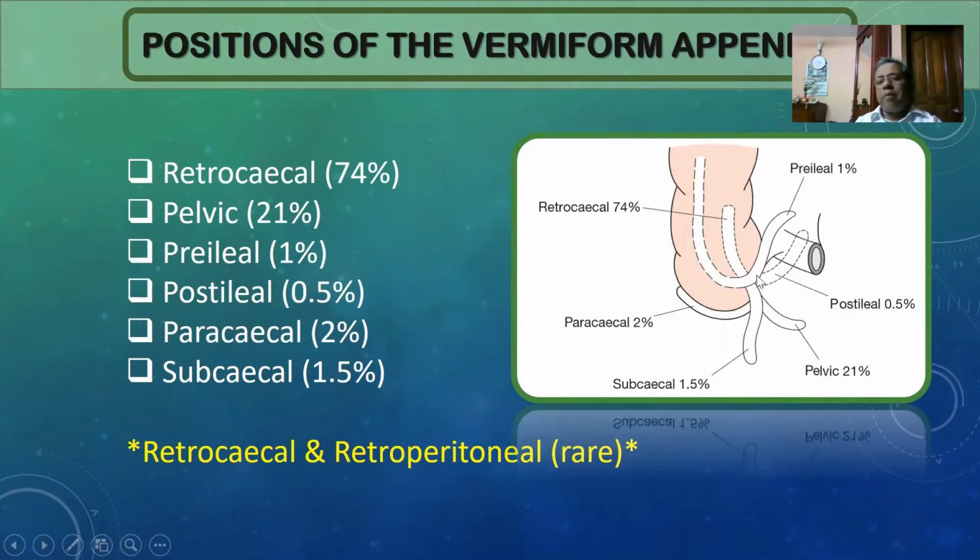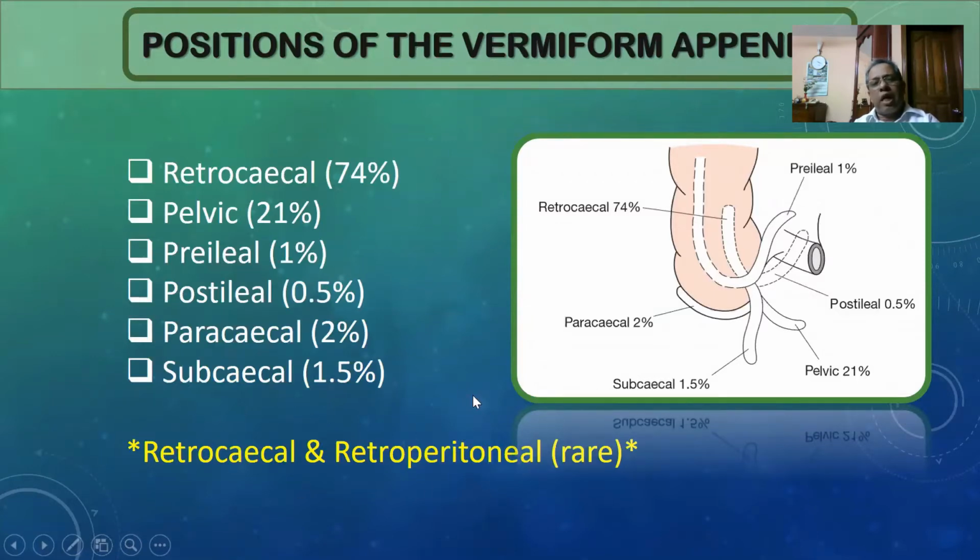But if the appendix lies behind the parietal peritoneum, that is, behind the cecal peritoneum and also behind the parietal peritoneum, then it is called the retrocecal and retroperitoneal variety. It is one of the rarest varieties of appendix position. That is written in the Schwartz surgery book. It is not needed for the undergraduate student.